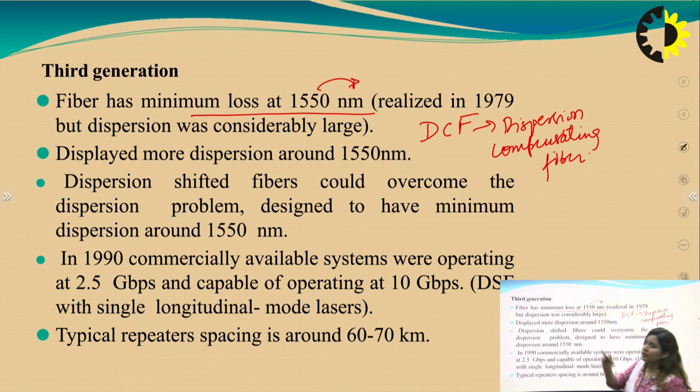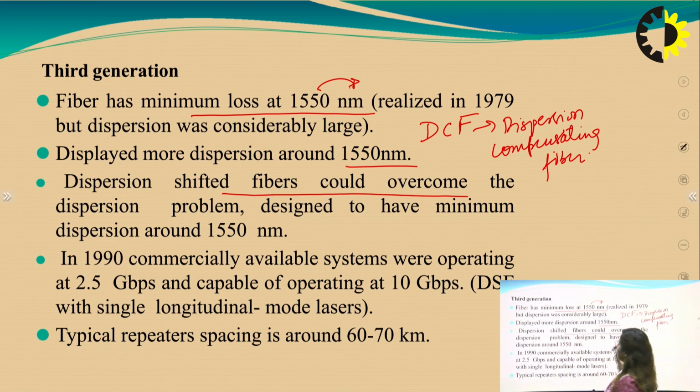You have to remember that at 1310 nanometer there is zero material dispersion, but at 1550 nanometer there is considerably large dispersion. We can use dispersion shifted fibers to overcome this problem, designed to have minimum dispersion around 1550 nanometer.